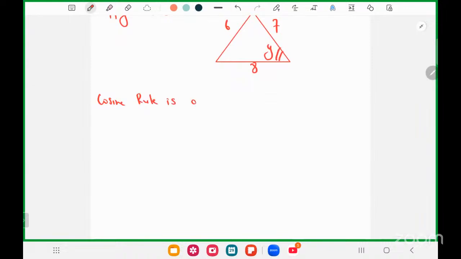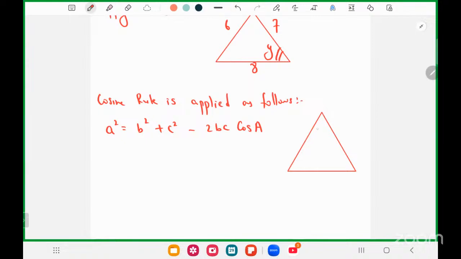Cosine rule is applied as follows. A square is equal to b square plus c square minus 2bc cos of A, where B and C are the two given sides.